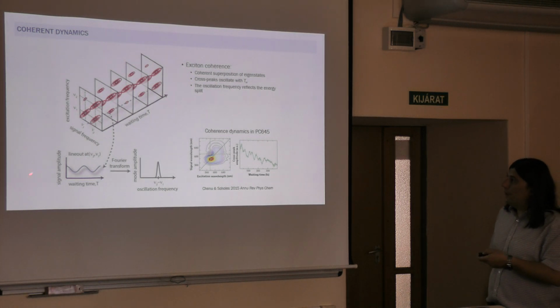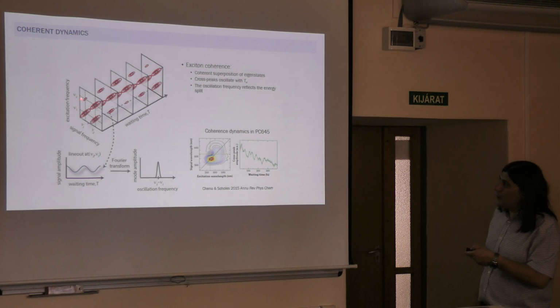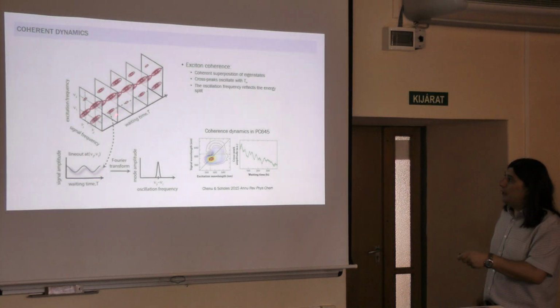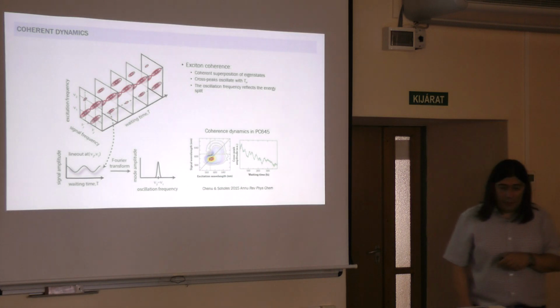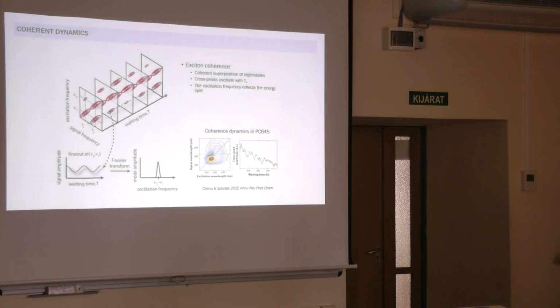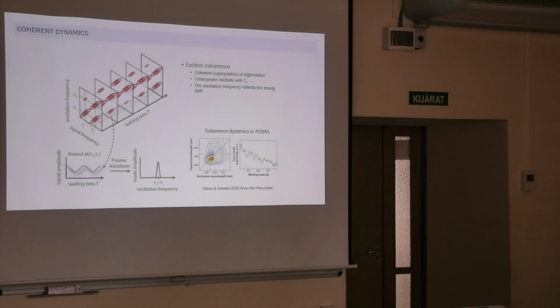And if you follow the two-dimensional spectrum, you will see that one cross peak disappears, the other one appears, and then they just exchange. So you can follow that in time and follow the oscillations in the cross peaks, especially if you measure the rephasing diagrams.